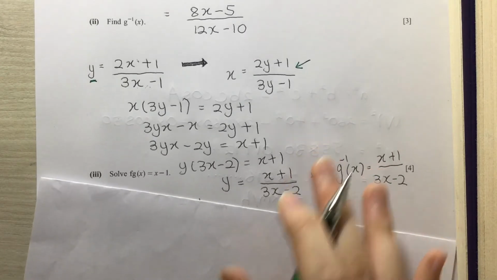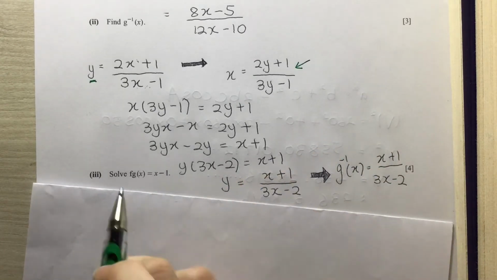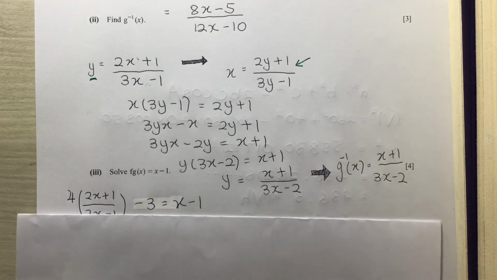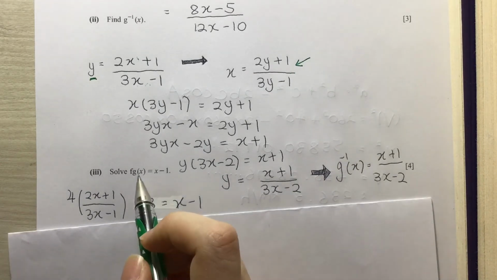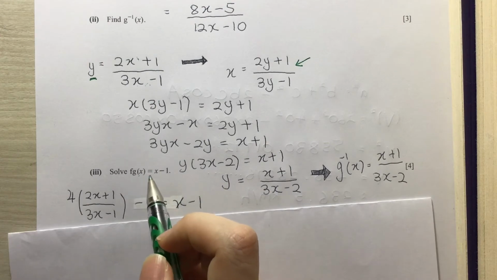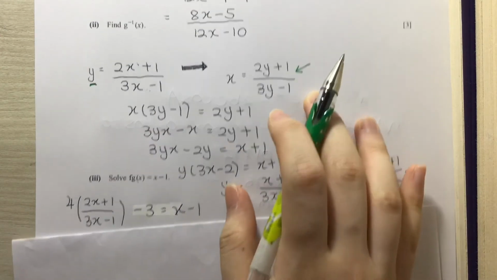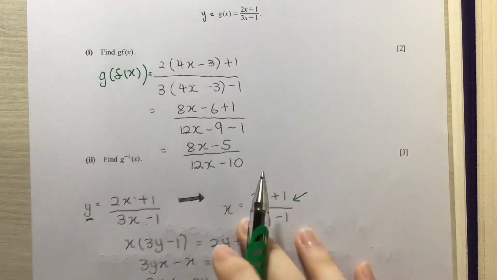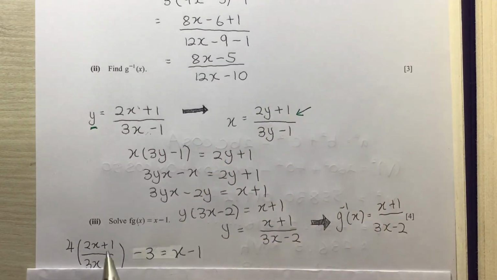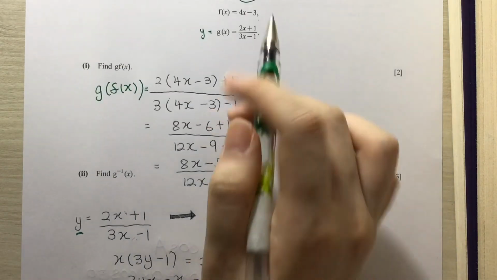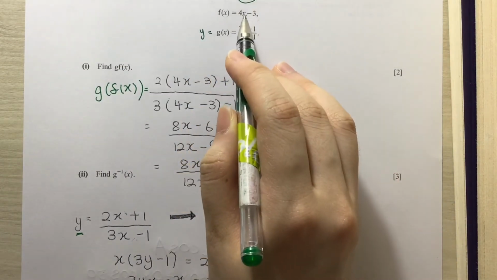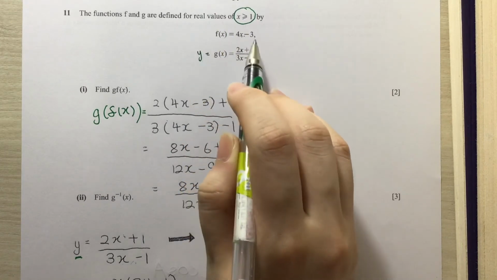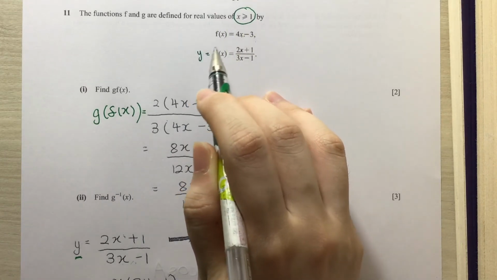And after that, we come to the third part of this question, which is the last part. Solve fg(x) equals x minus 1. So it's really similar to the first part of the question, where in this case, all you have to do is just to replace the x in the function f(x) with the g(x) here.